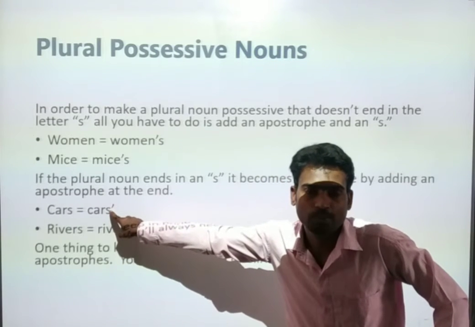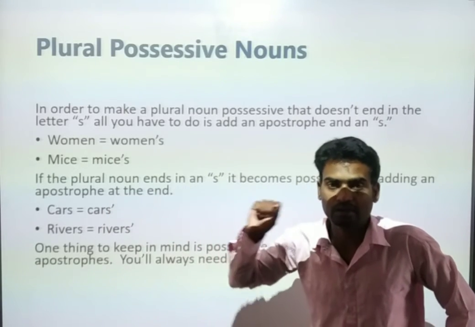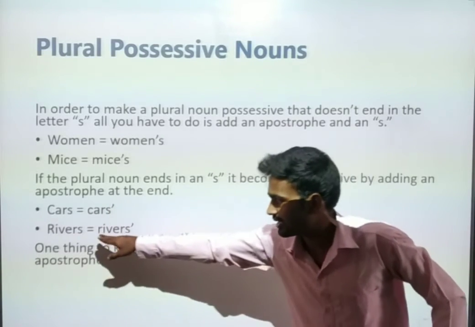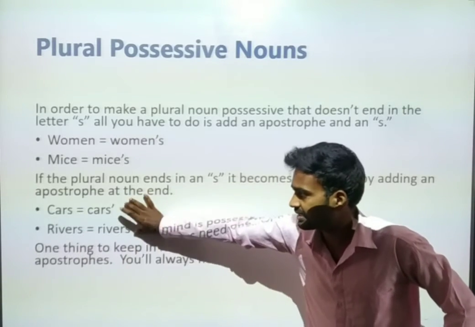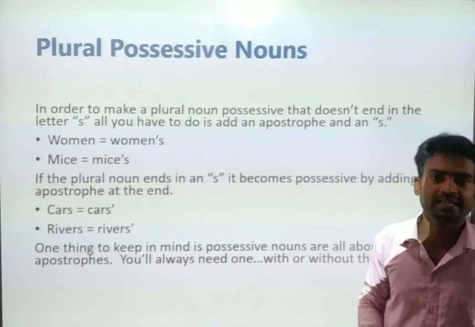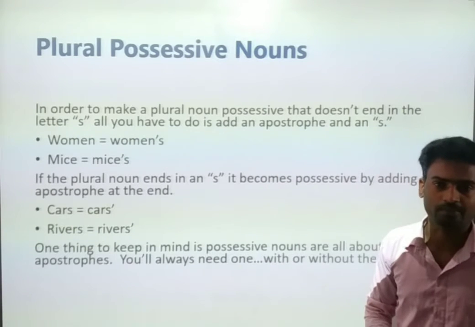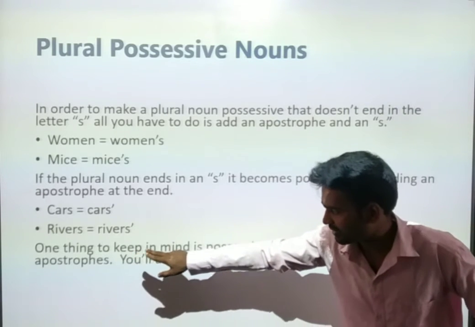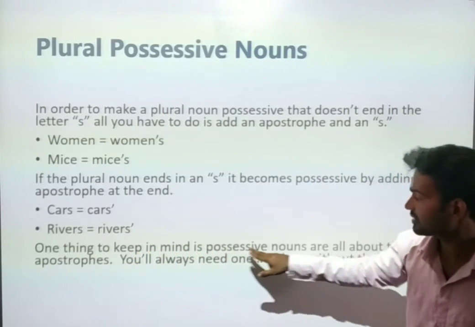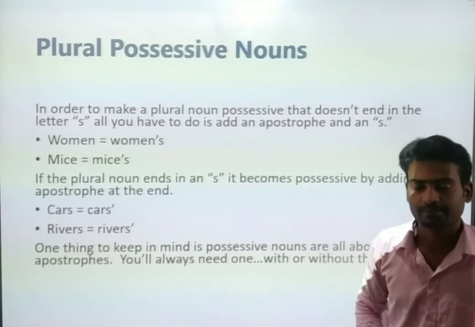So it becomes the plural possessive form, right? The same way, rivers. At the end we add an apostrophe. So in this case, we add an apostrophe to make it a possessive form. One thing to keep in mind is that possessive nouns are all about the apostrophes.